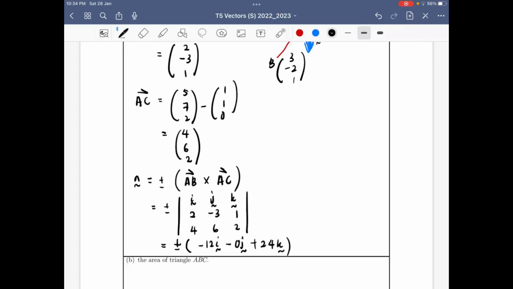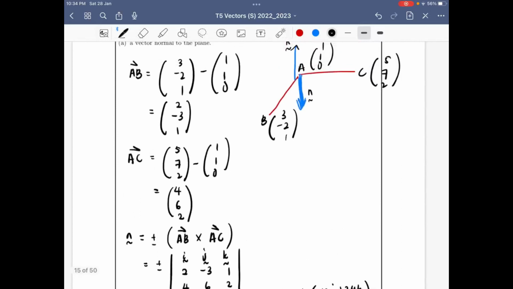So we have plus minus negative 12i plus 24k.